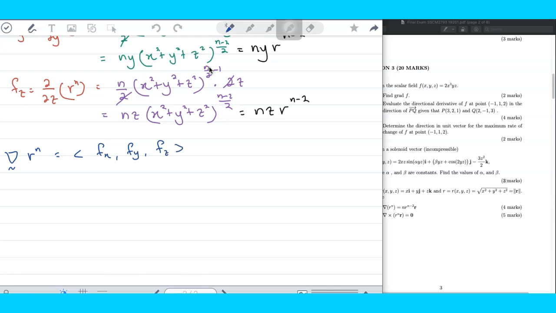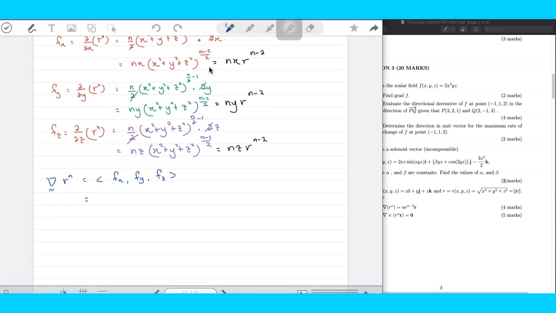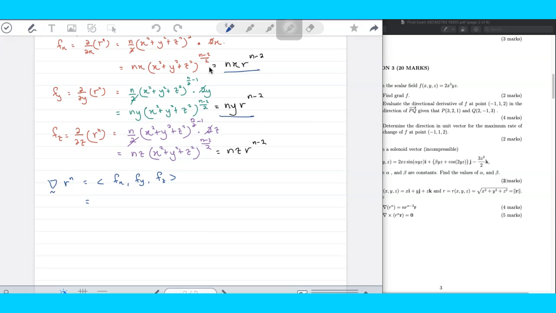Plugging in all the components, we have (n x r^(n-2), n y r^(n-2), n z r^(n-2)).